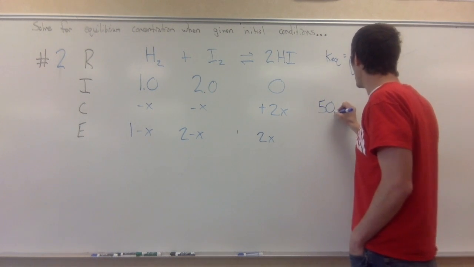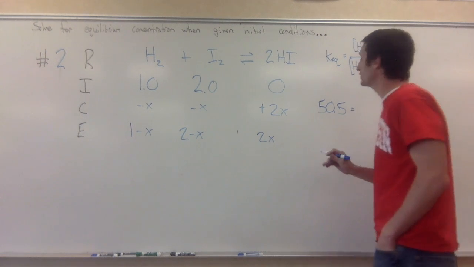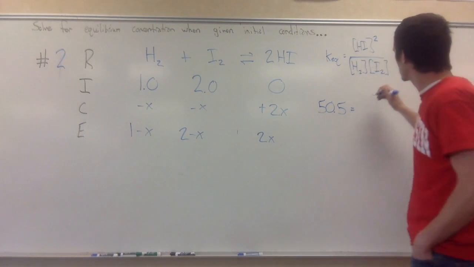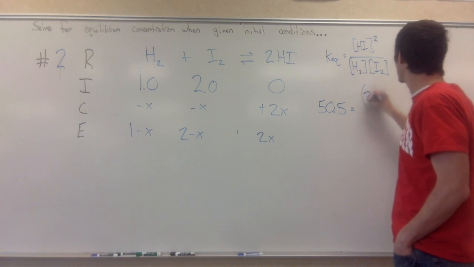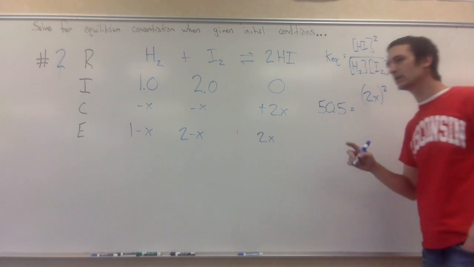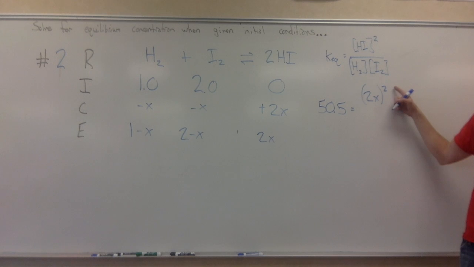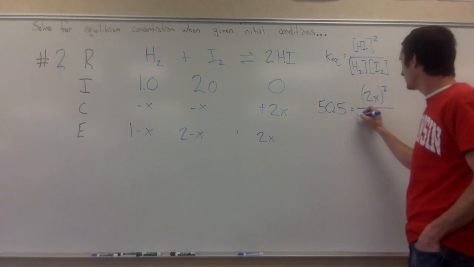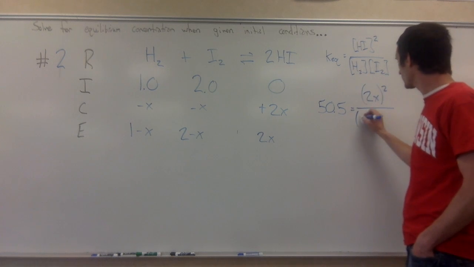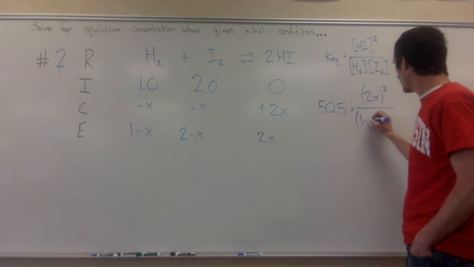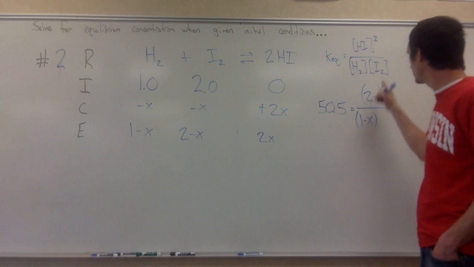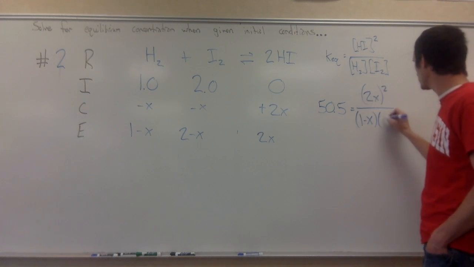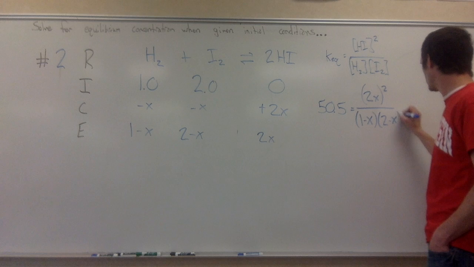So 50.5 is equal to, this is (2x) squared. Make sure that you put that in parentheses. The square is outside the parentheses. Divided by, for hydrogen, we're going to substitute 1 minus x. For iodine, we're going to substitute 2 minus x. Right?